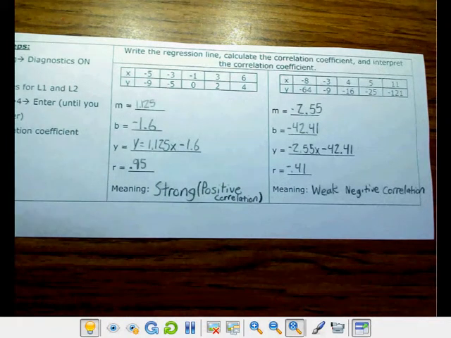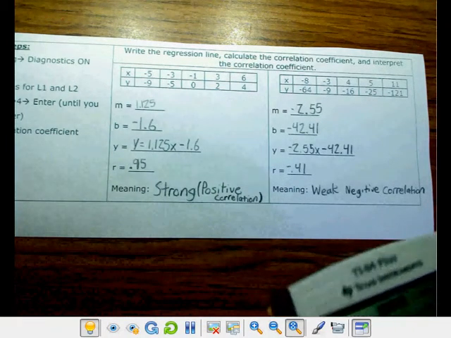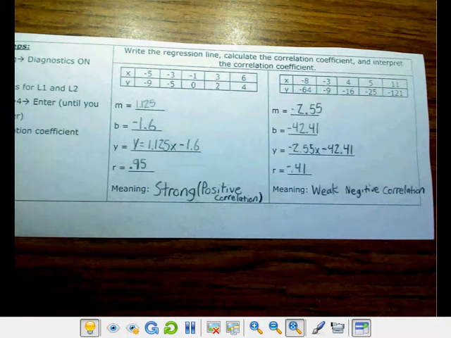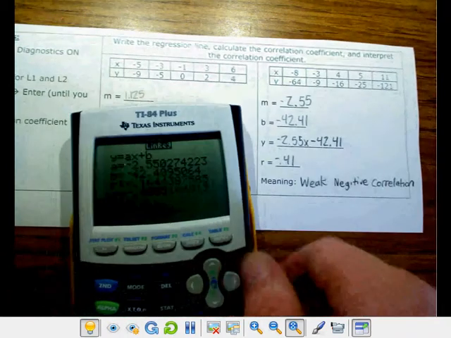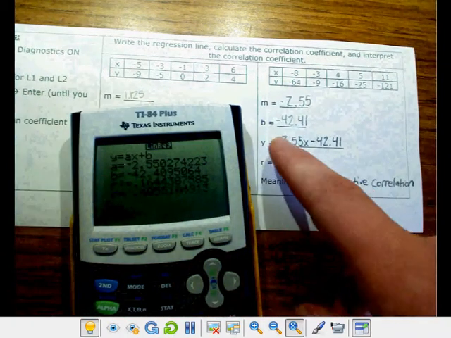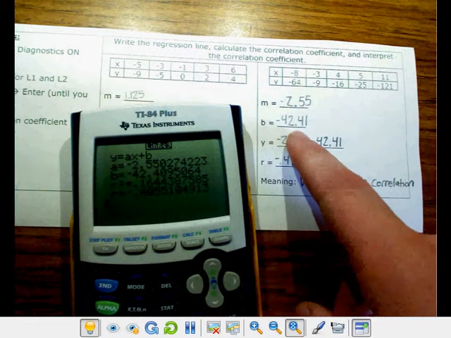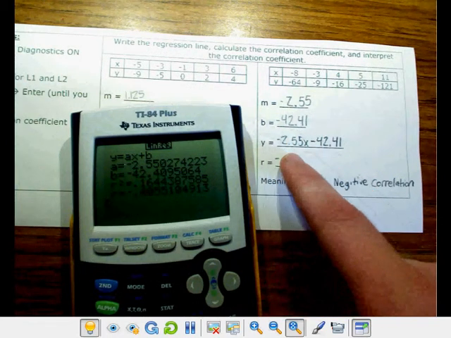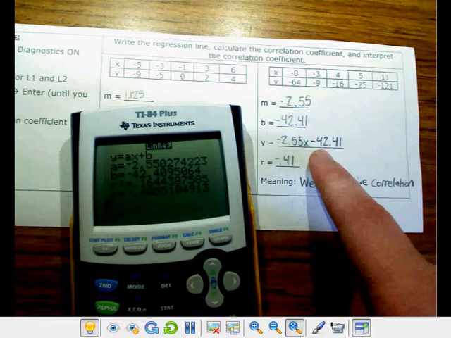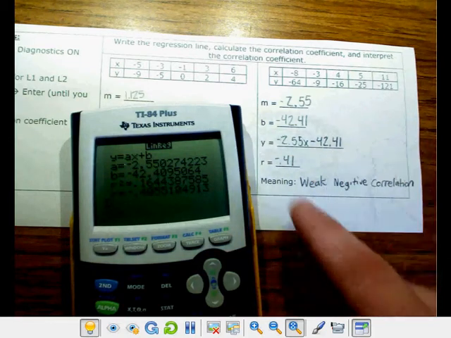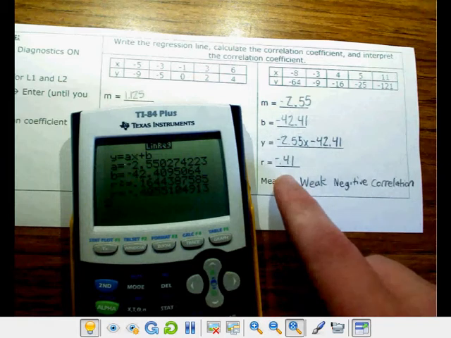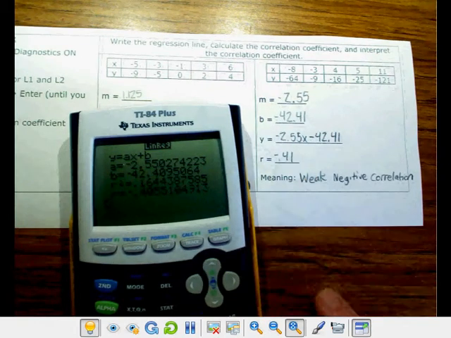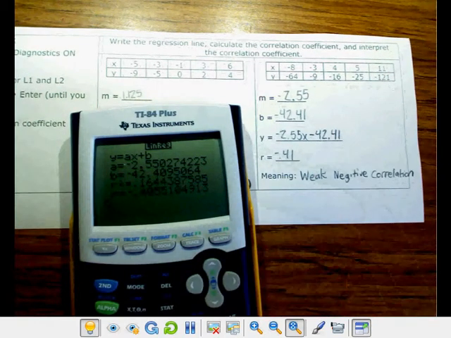I got M was negative 2.55. B was negative 42.41, and then Y equals negative 2.55x minus 42.41, and then R was negative 0.41, and it was a weak negative correlation.